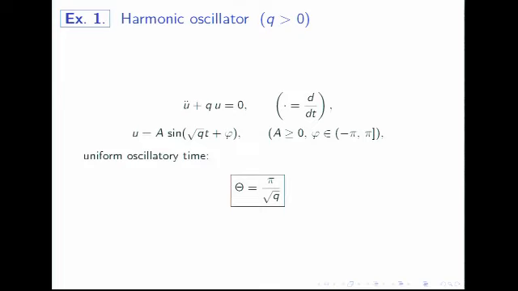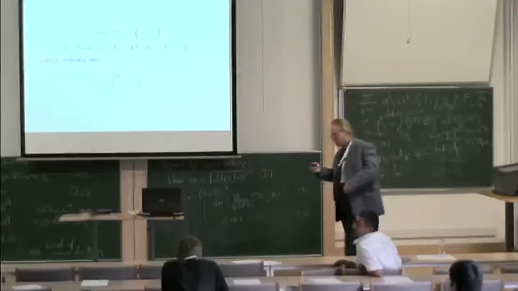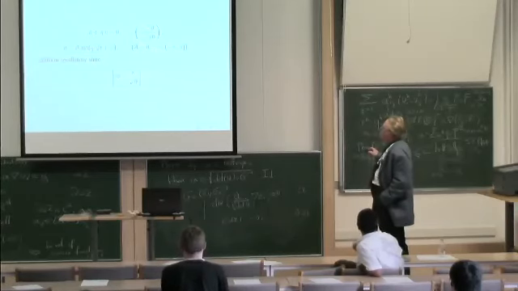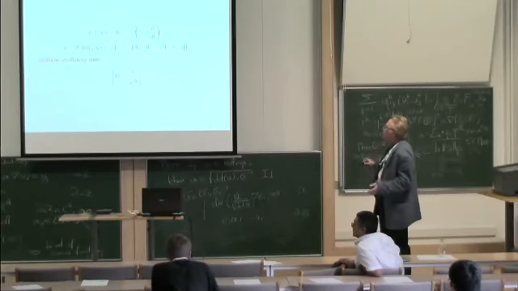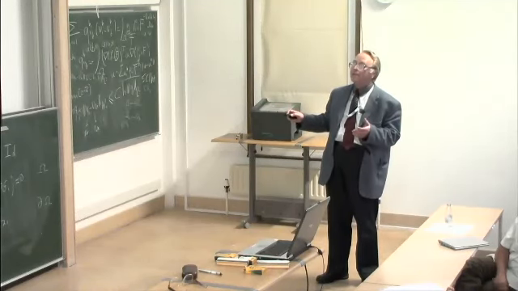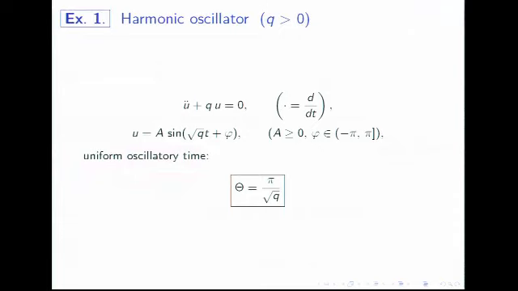It is A sine(square root of q times t plus phi), where A is greater than 0, phi belongs to an interval, the length of which is 2 pi, and we can see that the uniform oscillatory time is Theta equal to pi over the square root of q.